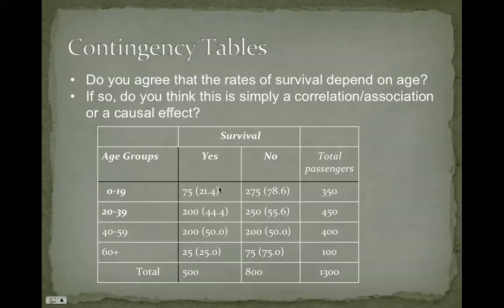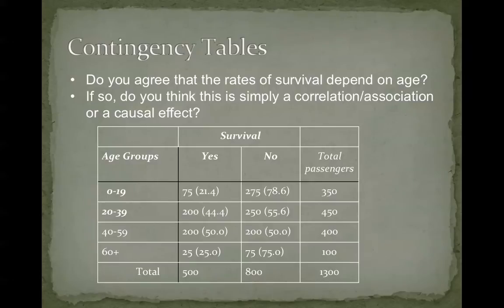In other words, the same percentage of people in the 0 to 19 group survived as the percentage of people who survived in the 20 to 39, as did the percentage who survived in the 40 to 59, as did the same percentage who survived in the 60 or over. In other words, you're not more likely or less likely to survive if you're in a 0 to 19, 20 to 39, 40 to 59, or 60 or over.